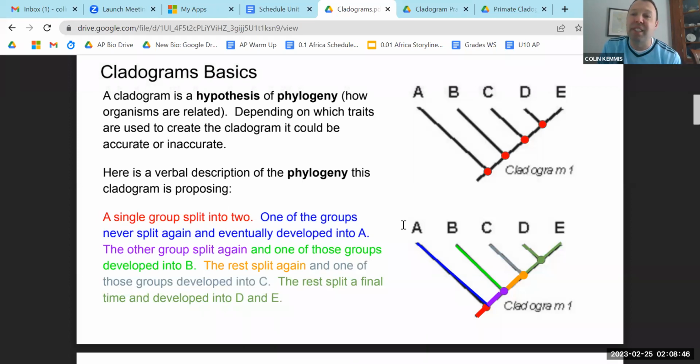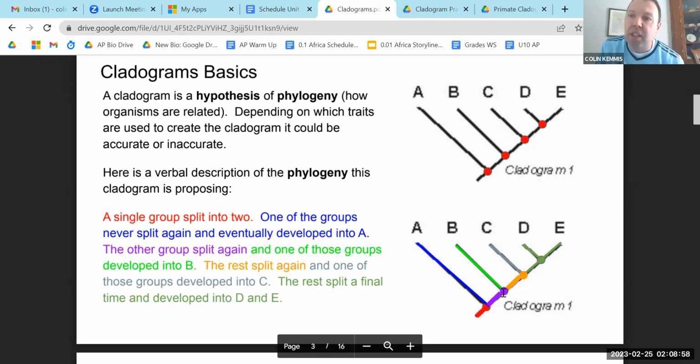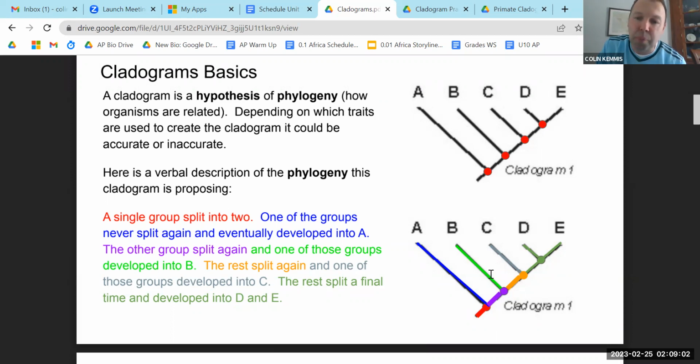So it is the most distantly related group to all the rest because it split off in the most ancient times. Then this branch here in purple evolved on its own. They did not breed with A, and it split into B and the further part. B was then isolated and didn't breed with others again. So it would be the next most distantly related.